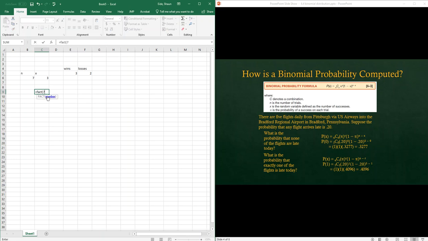so it equals factorial 7 divided by factorial 3 multiplied by 7 minus 3, which is 4, factorial 4.